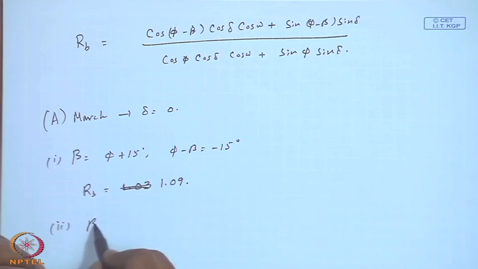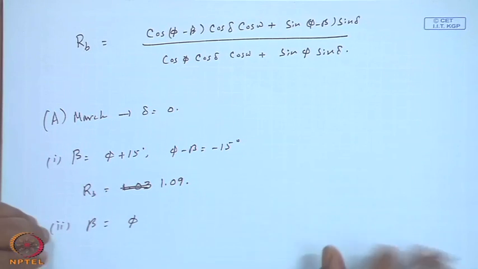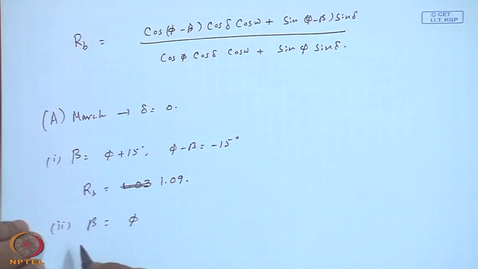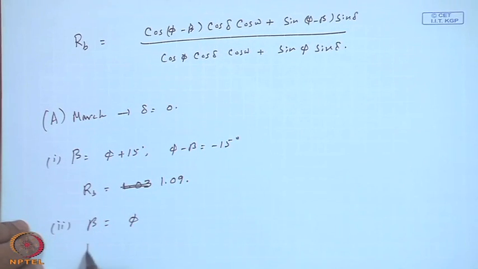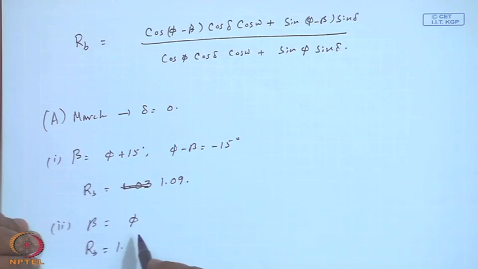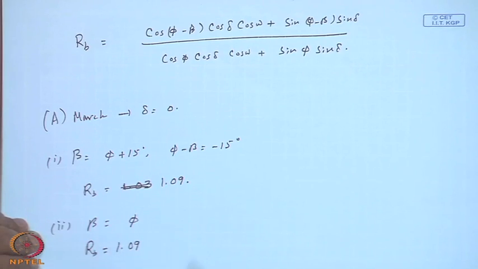And second case, beta equal to phi, and RB turns out to be 1.138. I am just wondering whether it is the same.